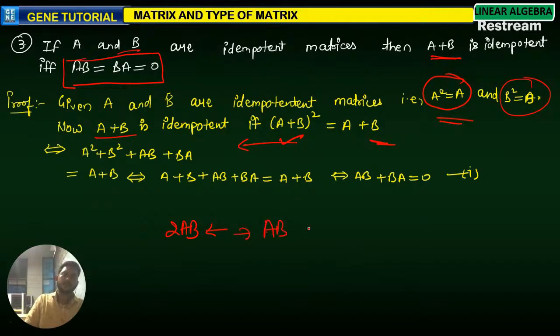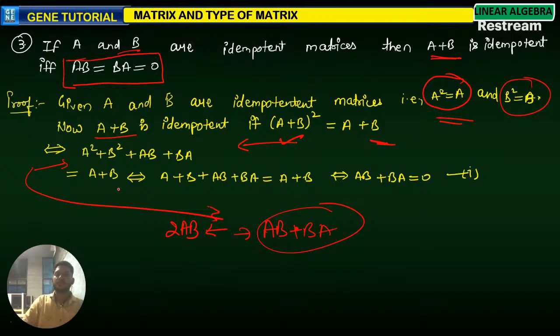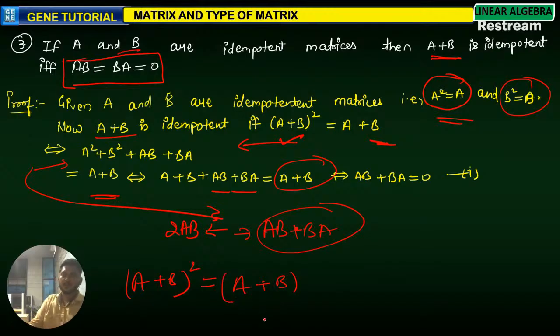So you write it like this: AB plus BA. So A plus B implies A plus B, with AB and BA being zero, and it comes out as A plus B. This shows that when you take two idempotent matrices and add them, it gives you an idempotent matrix.